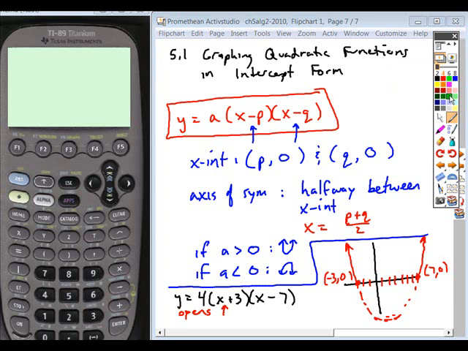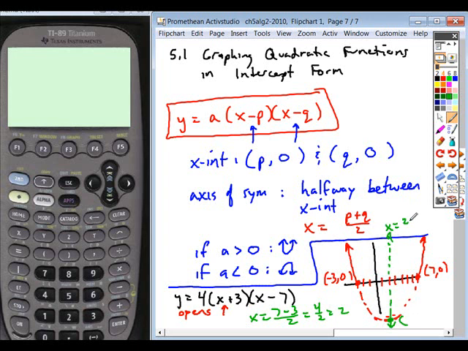If we take the average, not the average of these numbers here, but the average of our intercepts, so 7 plus -3 divided by 2 is equal to 2. Okay, so there is our axis of symmetry, x equals 2.